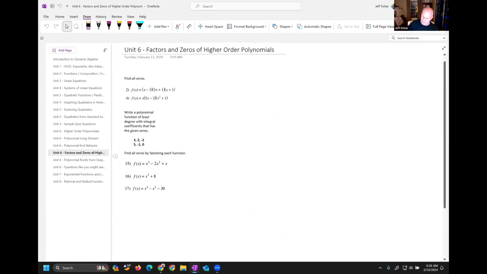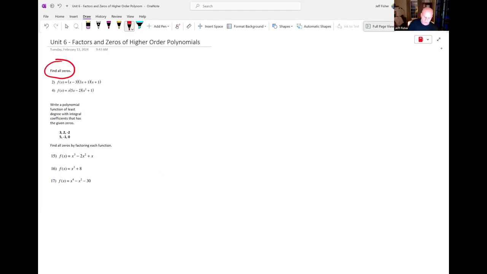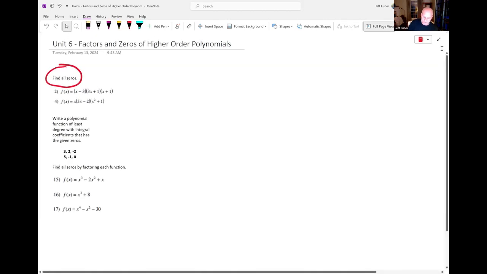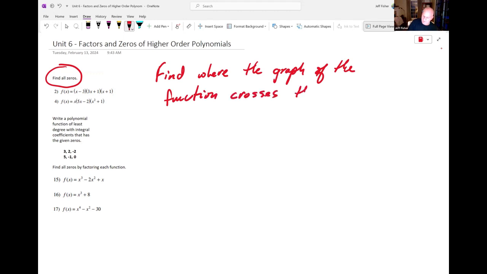To describe the graph of a higher order polynomial, we need to know where it crosses the x-axis. We need to find its zeros or its roots. We need to find where the graph of the function crosses the x-axis.